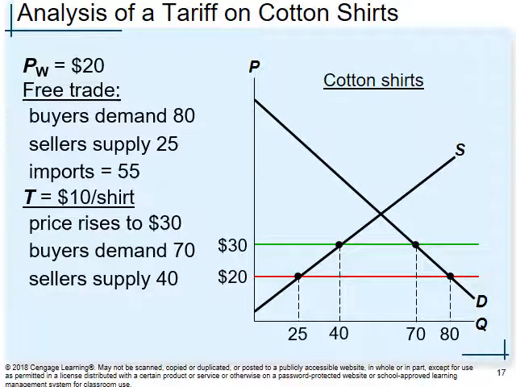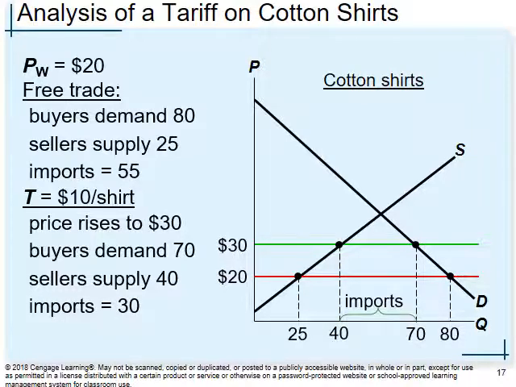So the price was 20 when there was international trade, and the firms were only producing 25 units. Now that the price is 30 euros, firms have the incentive to provide more, so they are producing 40 units.